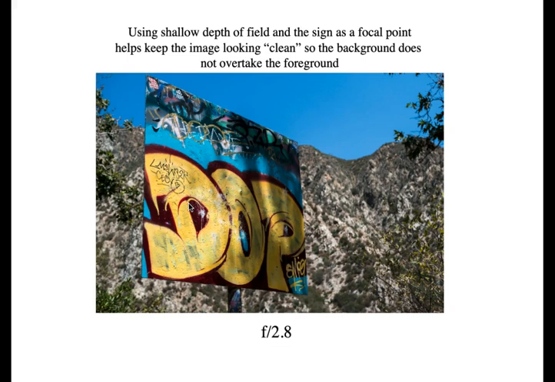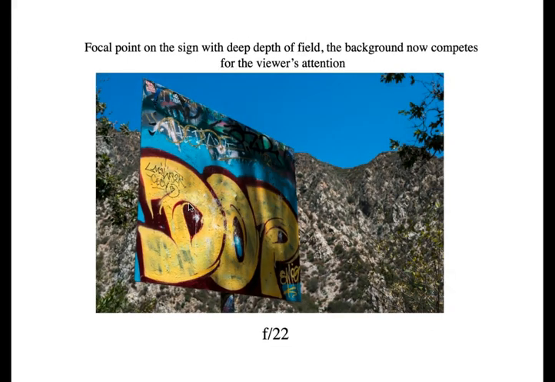And then the background is the background, its shape, its form, its line, but it doesn't overwhelm us compared to this one now where the f-stop is set at f22. So now everything is in focus. So now those shapes and textures in the background, now that they're in focus, they're competing for our attention over the sign. So it comes down to your intent. What do you want the actual focus to be for the viewer's attention?